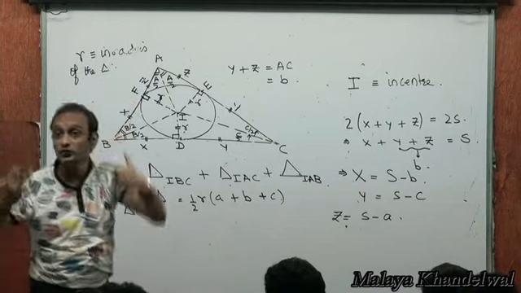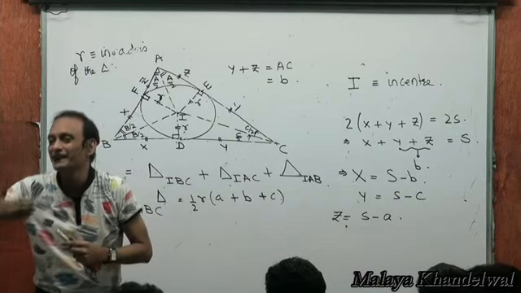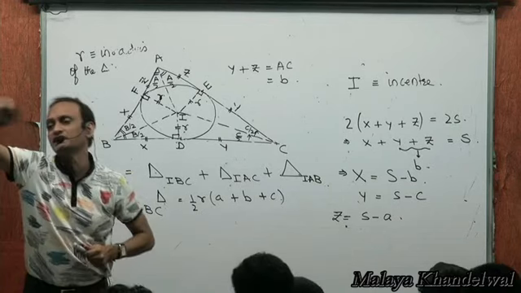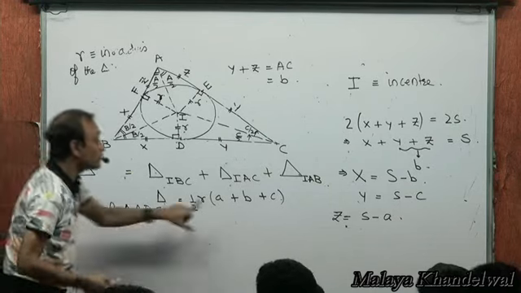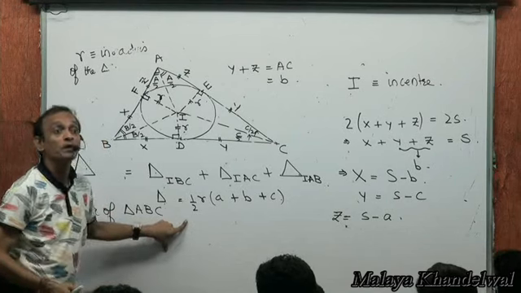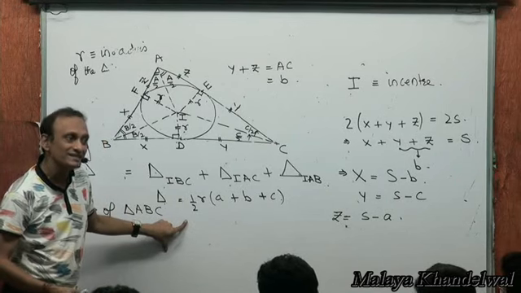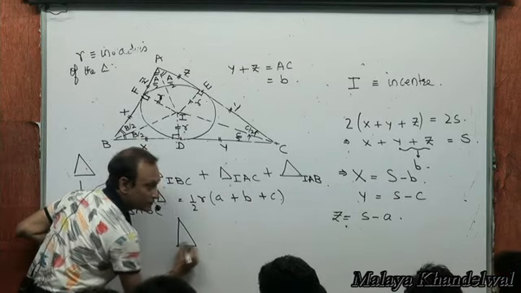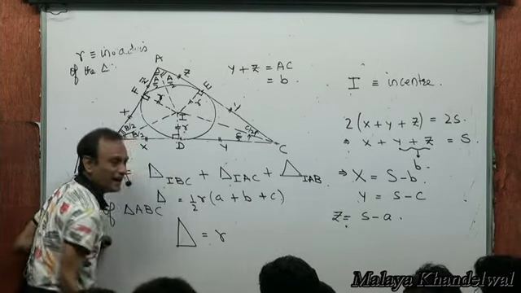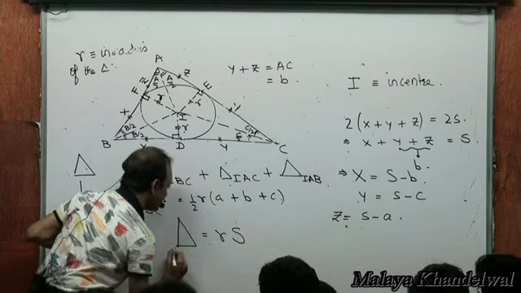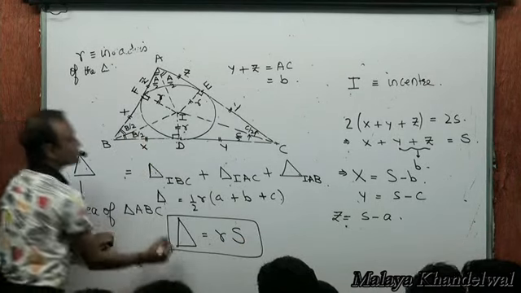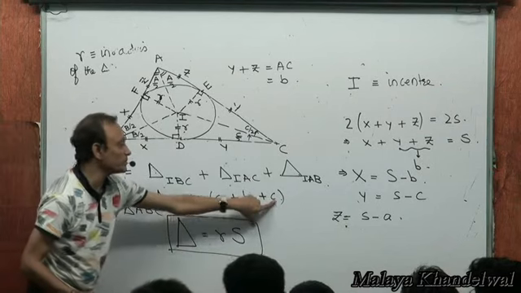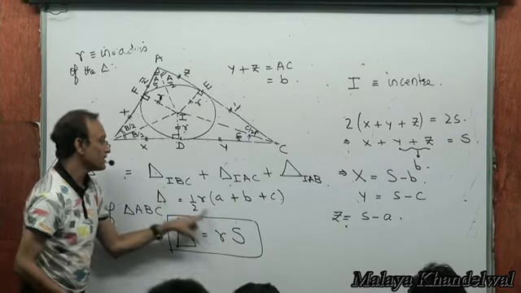Small r is a property of the triangle, the inradius, the radius of the circle inscribed inside the triangle. But what is a plus b plus c by 2? The semi-perimeter of the triangle. So delta, the area of the triangle, is small r, the inradius, into the semi-perimeter s. The area of a triangle is s into r.